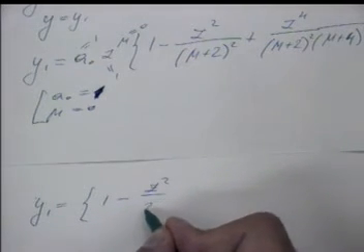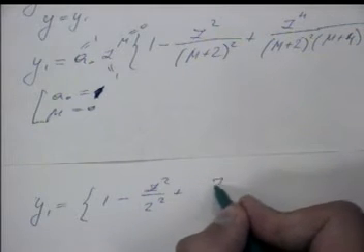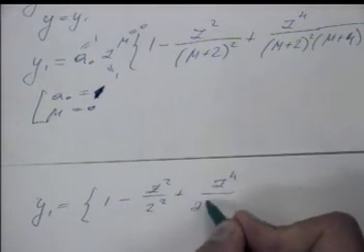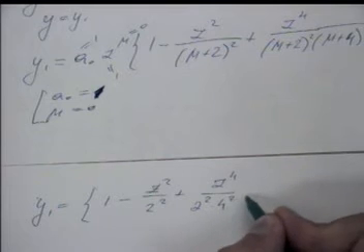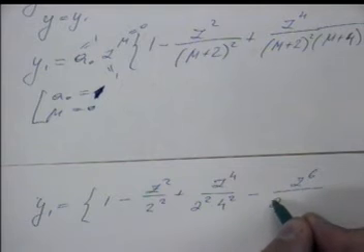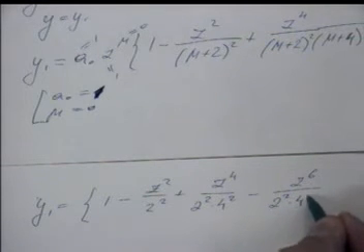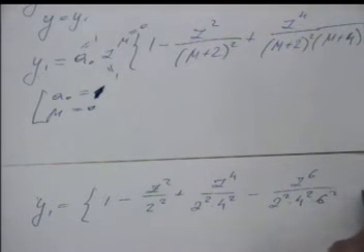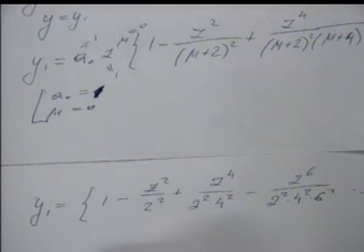z to the power 2 over 2 squared, plus z to the power 4 over 2 squared by 4 squared, minus z to the power 6 over 2 squared by 4 squared by 6 squared, and so on, which can be rewritten in the form of y1 equals the J0 function of z.